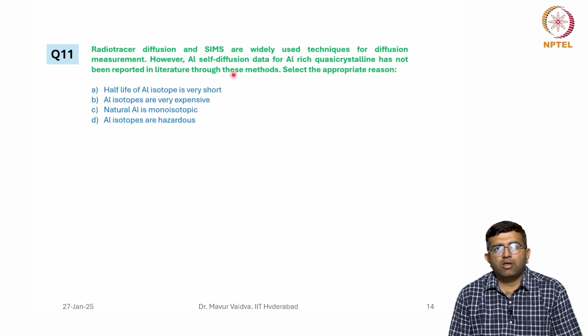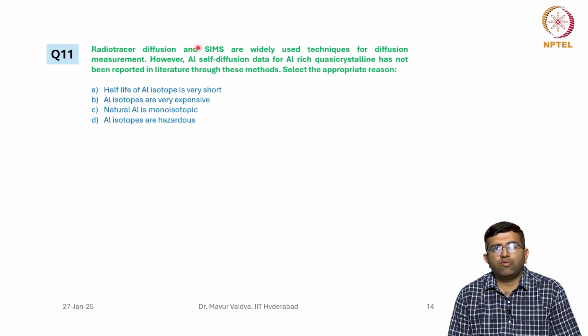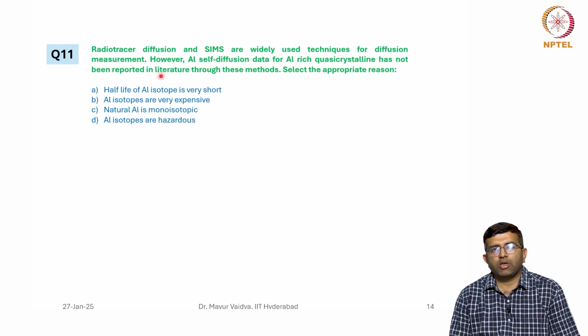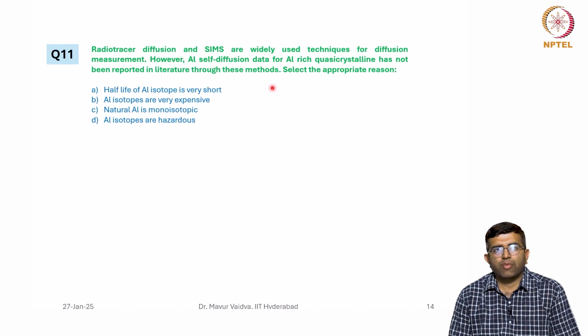Question number 11: radio tracer diffusion and SIMS are widely used techniques for diffusion measurement. However, Al self-diffusion data for Al-rich quasi-crystalline phases or alloys has not been reported in literature through these methods. What is the appropriate reason? The first is that the half-life of Al isotope is very short. This is not correct.